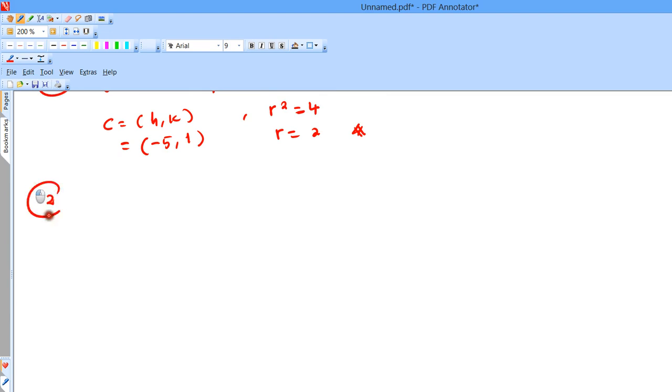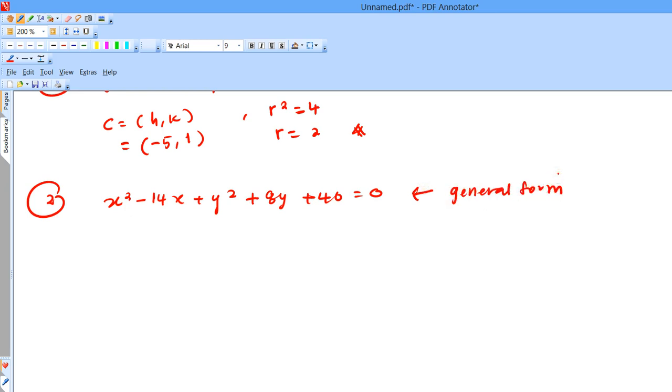Okay, number 2. If we have the general form of a circle, that is x squared minus 14x plus y squared plus 8y plus 40 equal to 0. This one is the general form. How do we write this equation in standard form and sketch the circle?